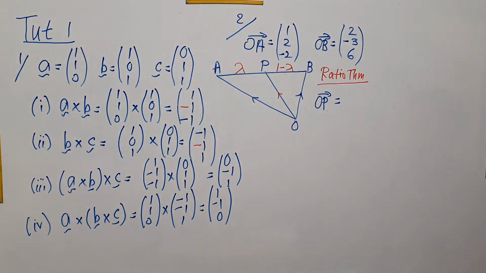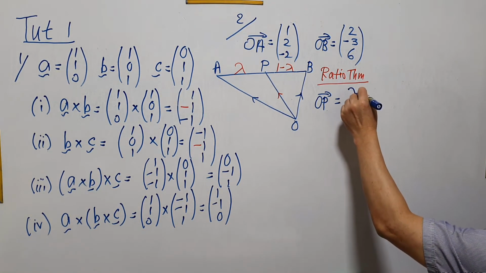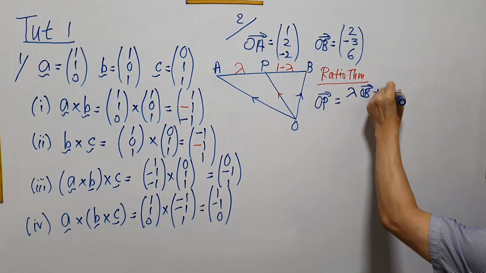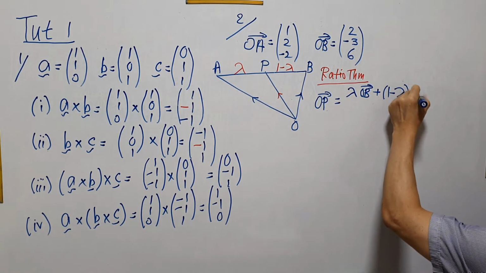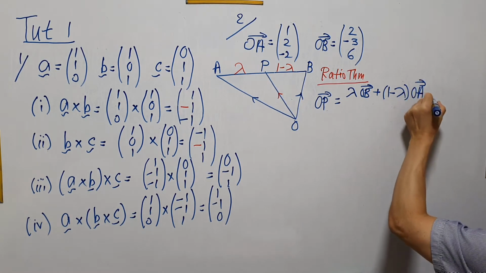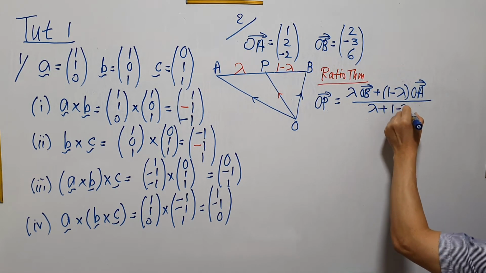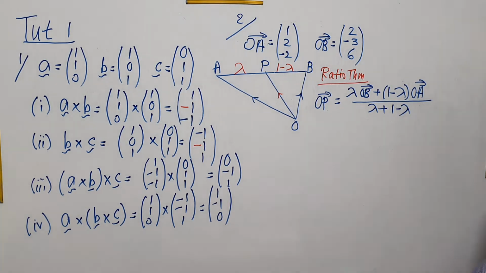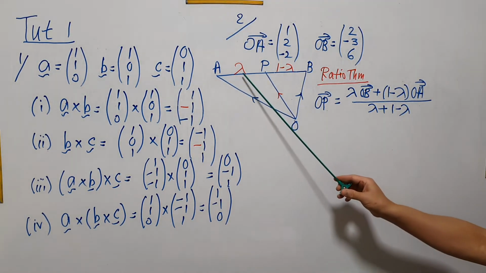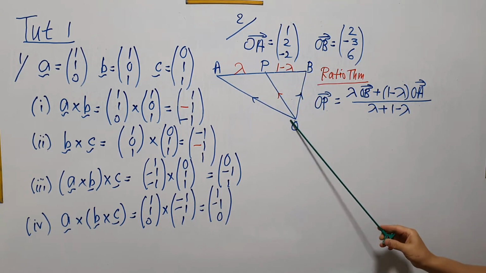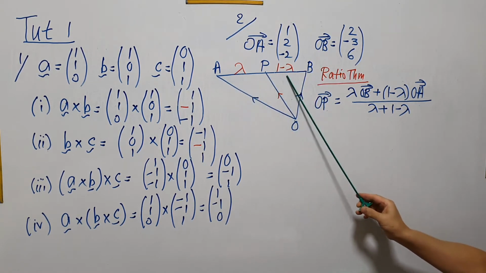So according to the ratio theorem, this is lambda of OB plus 1 minus lambda of OA divided by the sum of the two ratios. Once again, you take this ratio times OB plus this number times OA divided by the sum of these two numbers.